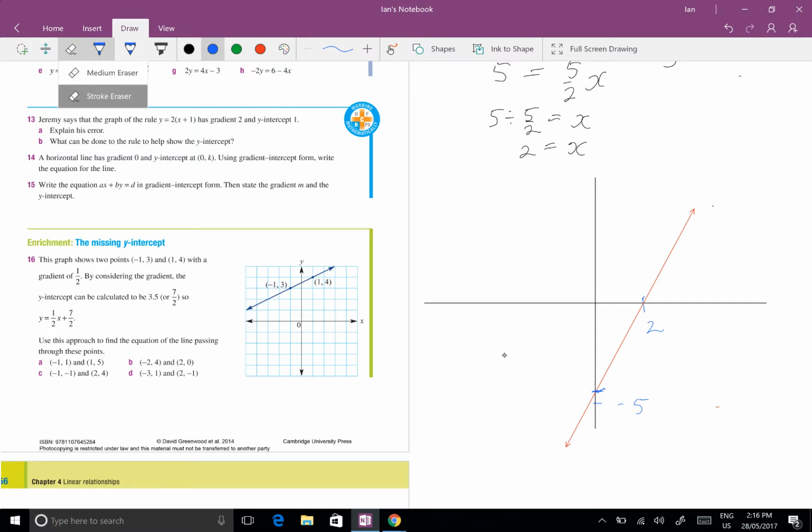And there's my equation of the first one.